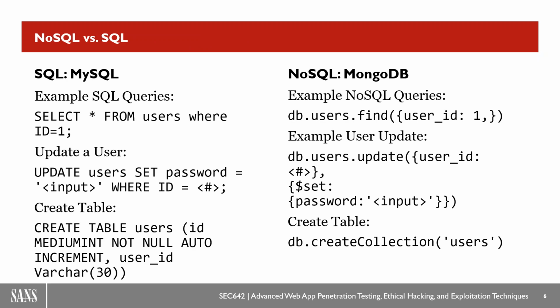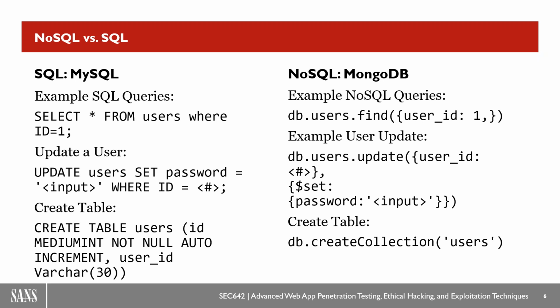So another clear difference is the language. On the left-hand side, we have SQL, structured query language, using MySQL. An example would be select, which is a very common method of accessing data.